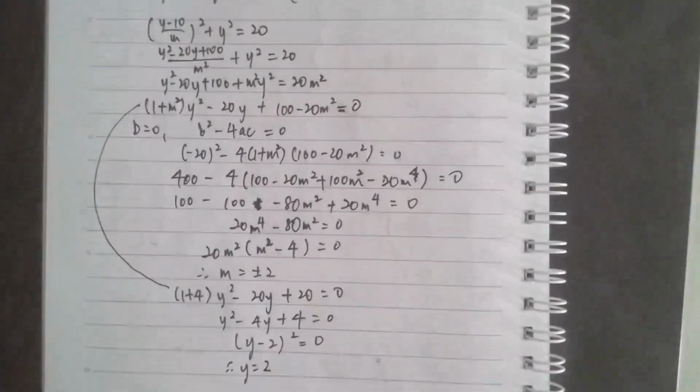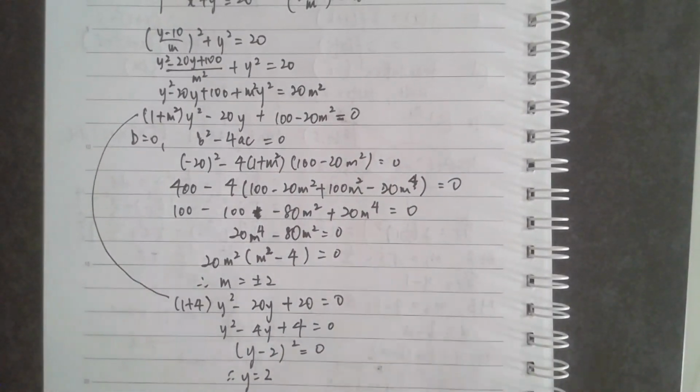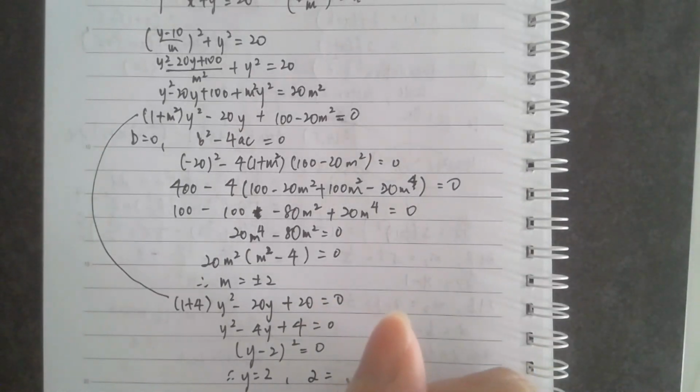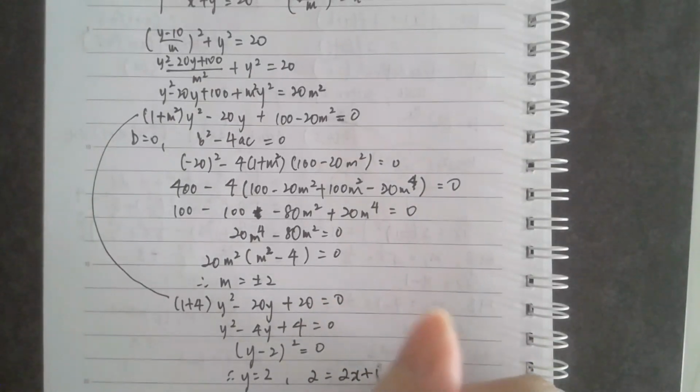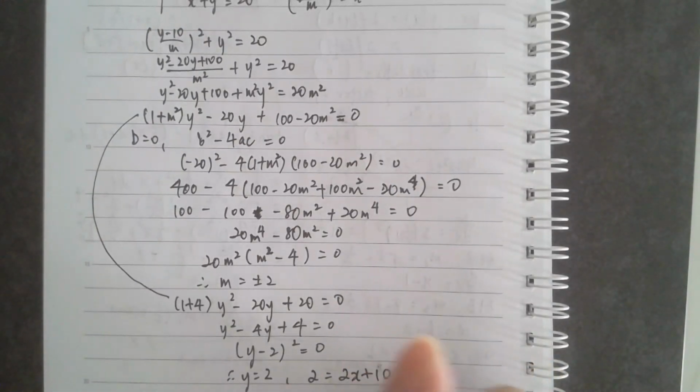With y as 2, we can solve for the various x. So 2 equals mx plus c, so therefore x is negative 4.